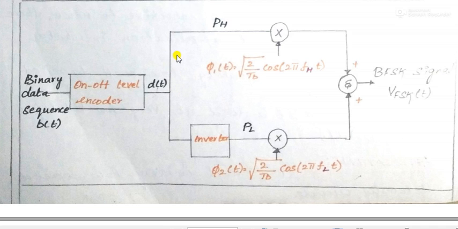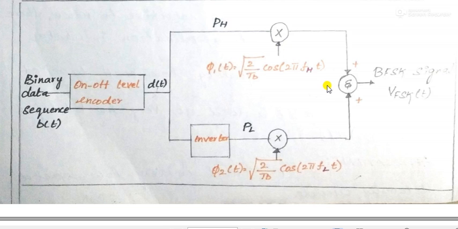And this is the upper channel and this is the lower channel. When we have binary input 1, the oscillator with frequency FH in the upper channel is switched on, while the oscillator with frequency FL in the lower channel is switched off, because the inverter converts binary 1 into binary 0, with the result that frequency FH is transmitted.